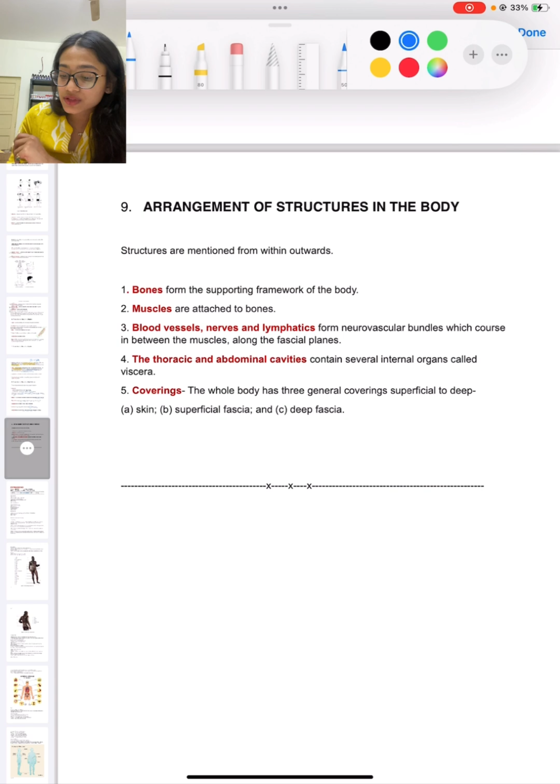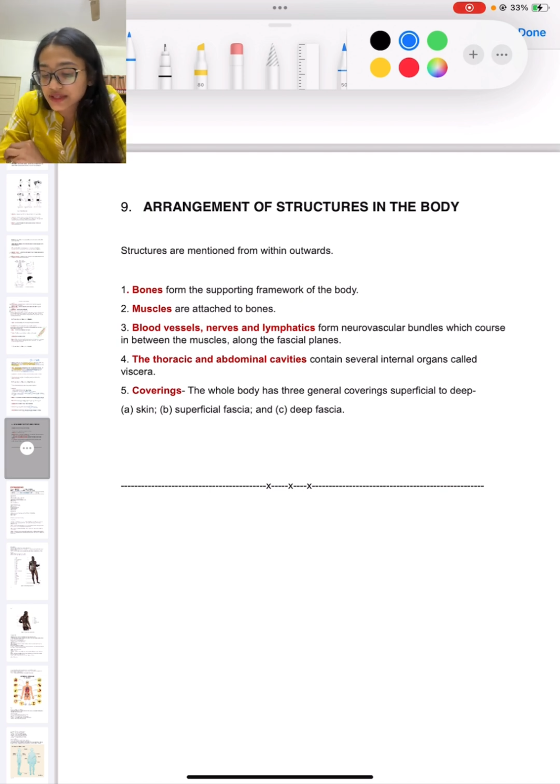Now, arrangement of the structures in the body. The structures are mentioned from within outward. Bones form the supporting framework of the body, and muscles are attached to the bones. It's a general thing, like blood vessels, nerves, and lymphatics form neurovascular bundles which course between the muscles along the fascial planes.